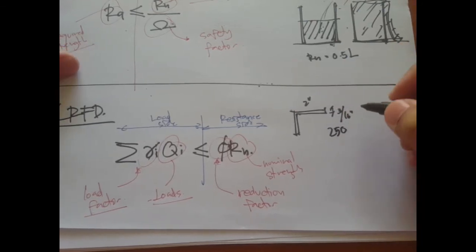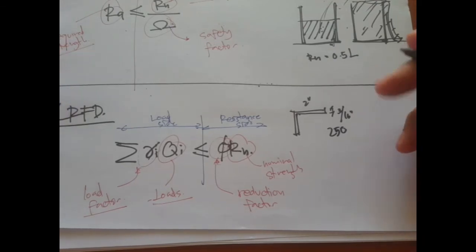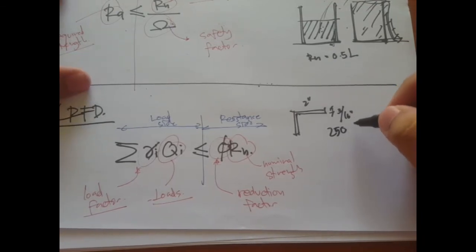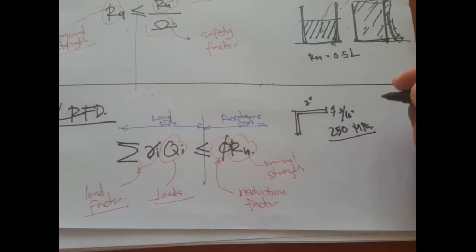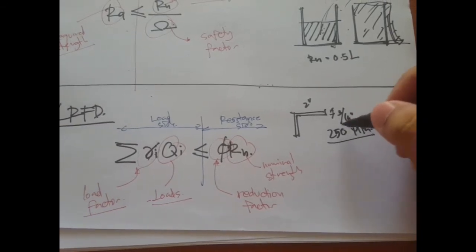If there's data, let's say a tensile strength of 250 megapascal, then probably the real ones could be less than this stated value.